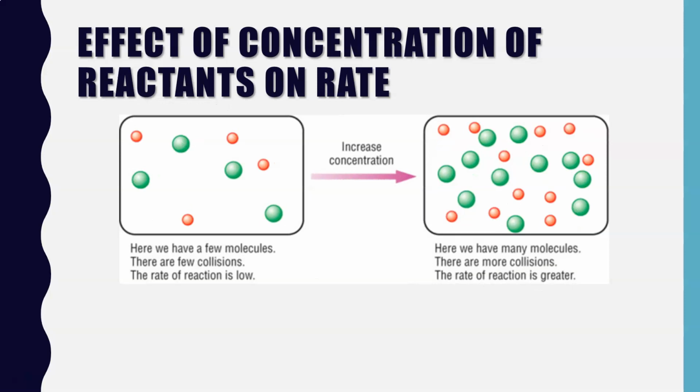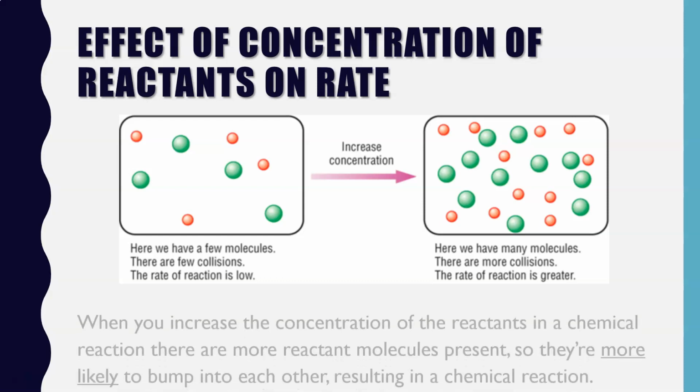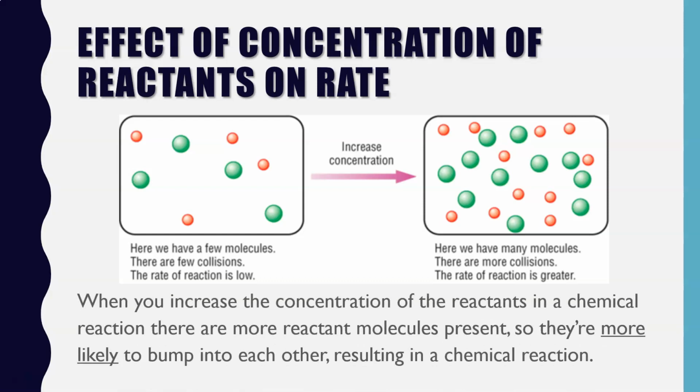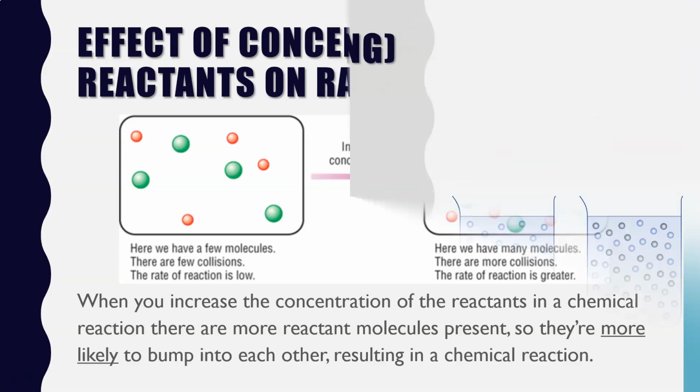On the left hand side, we have few molecules, few collisions, the rate of reaction is low, and on the right we have many molecules, more collisions, the rate of reaction is greater. When you increase the concentration of reactants in a chemical reaction, there are more reactant molecules present, so they are more likely to bump into each other, resulting in our chemical reaction.